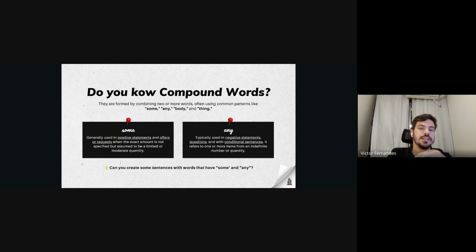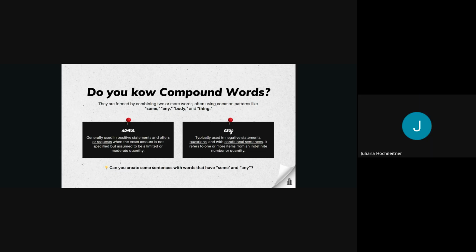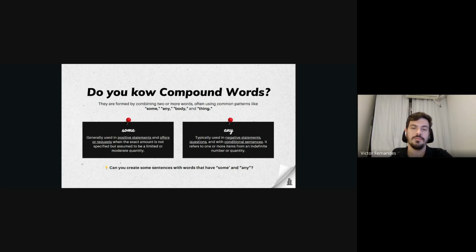Can you create any sentence using some for us? I kind of understand the use of them. My English teacher from years ago used to say that some is interchangeable with a little, and any is interchangeable with at all. That was amazing. I like that teacher.